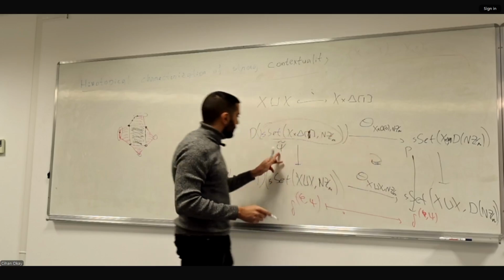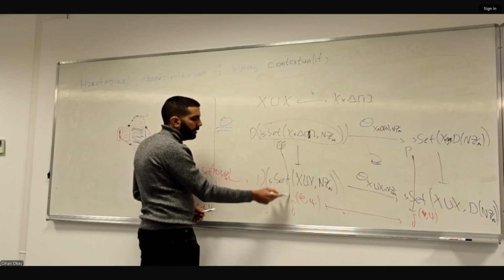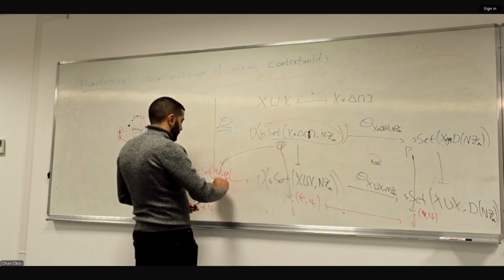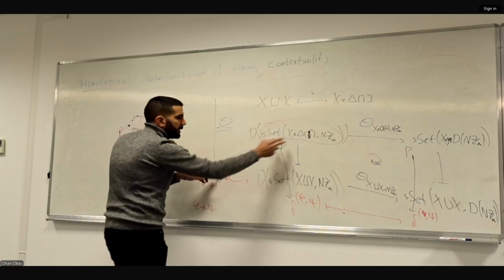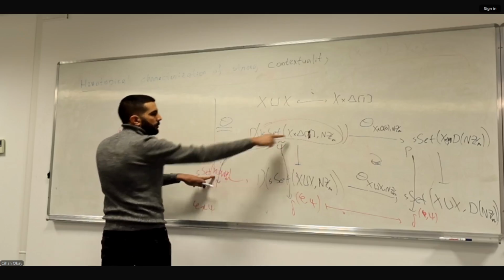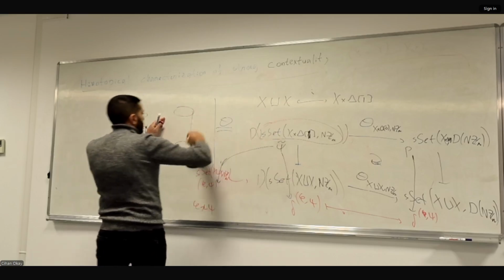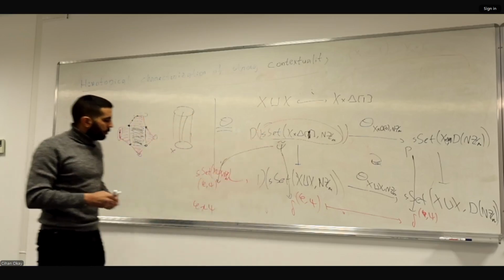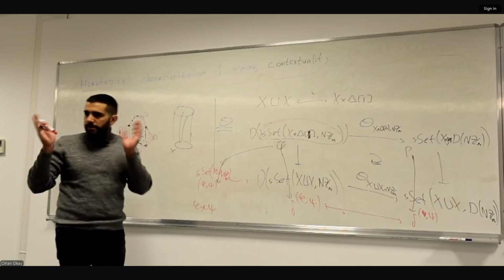If something from here supports this, then there will be a map going to this, or to this one. What does it mean? It will be a homotopy between these. If you think about what it means, some extension of this to X, the union, and some extension of this is exactly a homotopy. But we are talking about something that is not homotopic. This is the idea of the proof.